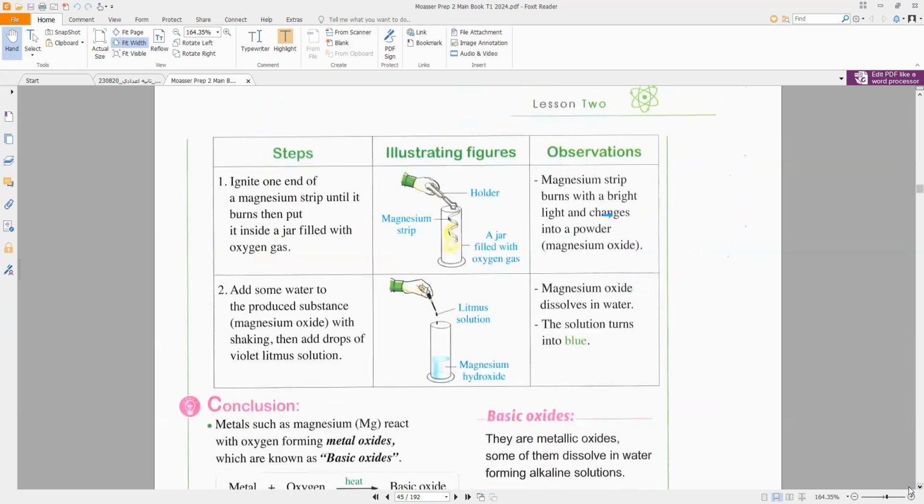Metal also reacts with oxygen. We bring a test tube and hold a magnesium strip or magnesium pieces with a metal holder, put it in a test tube and burn it.